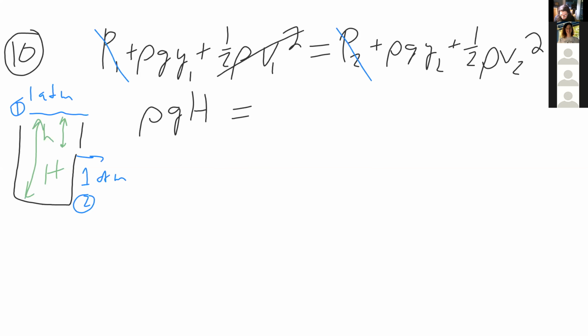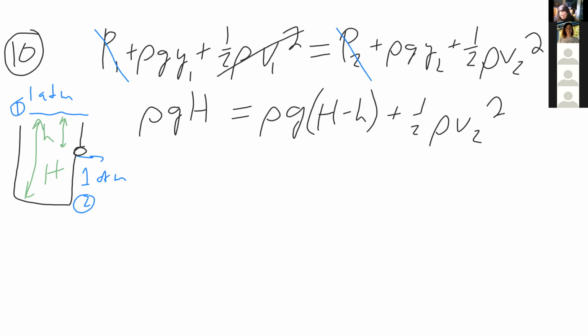And then this will be equal to rho g y2. What is y2? It is this hole right here, which is at a height of big H minus little h. So that'll be rho g big H minus little h. And then we have plus 1/2 rho v2 squared.